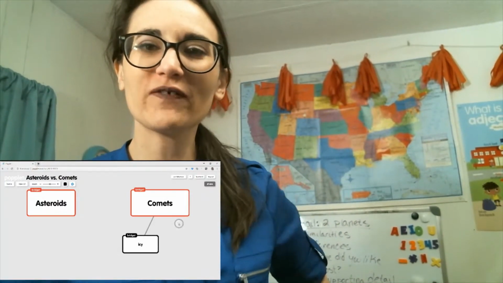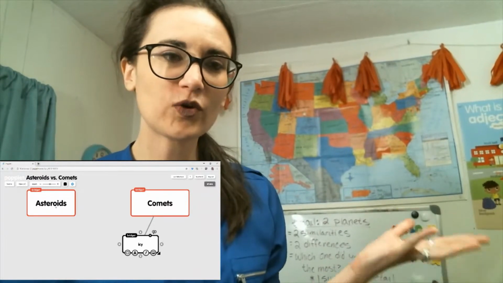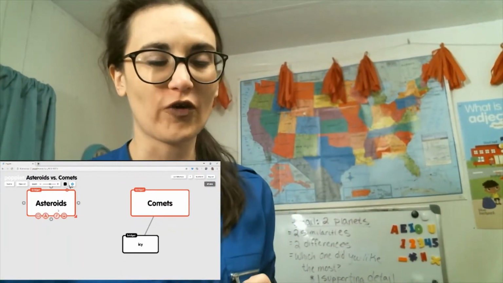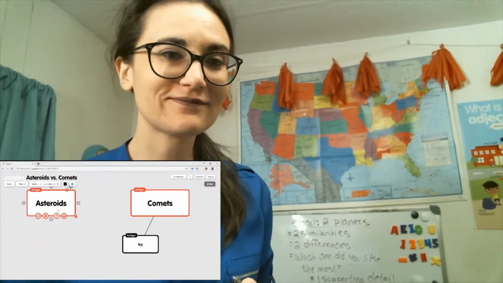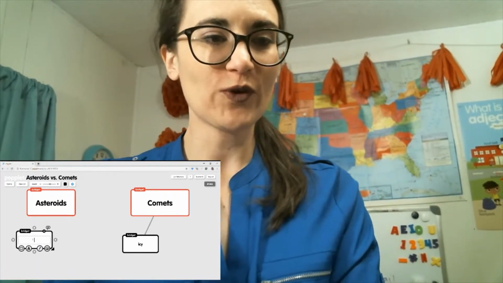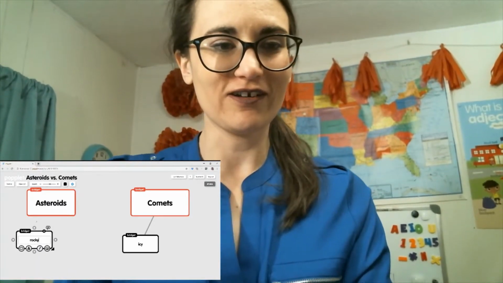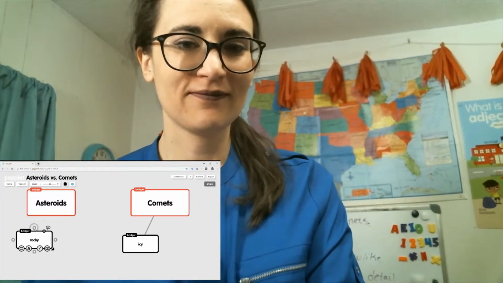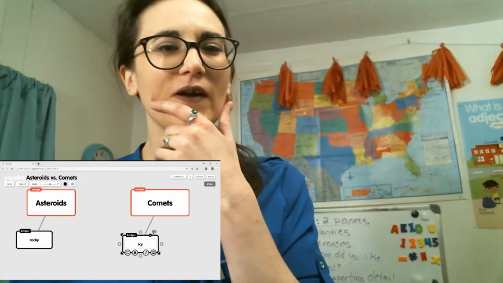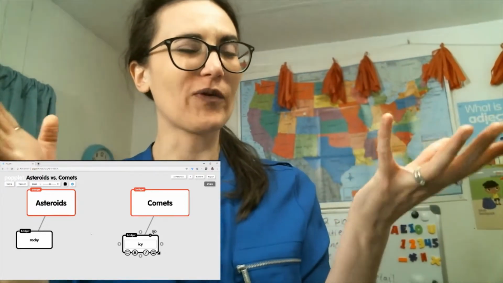Okay, so if comets are icy, what are asteroids? What is an adjective we can use to describe them? They are rocky. Yes, excellent. Good job, Kitty. That's one of the words we had for homework last night, right? Very good. Rocky. Okay. So what's another way that asteroids and comets are different?